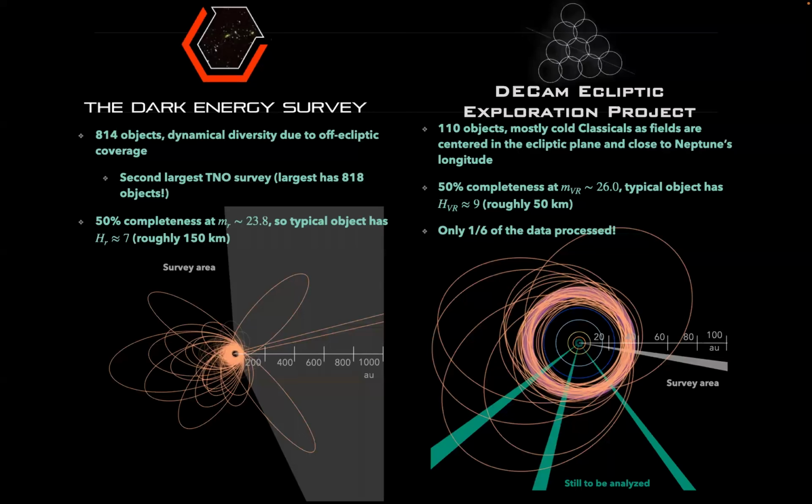So just to give you a little bit of context to what is going on here, with DES, we have basically 1/8 of the sky and 800 objects, and because we did a lot of analysis outside the ecliptic plane, there are all sorts of dynamically interesting objects that we've been able to find, and the objects have a mean diameter of about 150 kilometers.